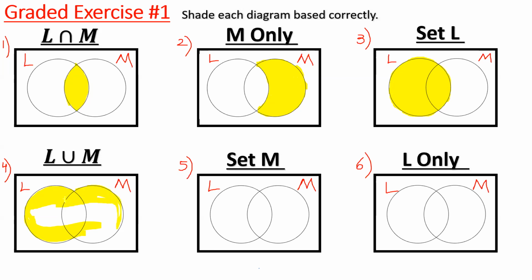What if I use P and Q? Is it the same thing? Yes, it's the same thing no matter what letter I use. A, B, L and M, P and Q, R and K, it doesn't matter. So this is the union of the two sets.